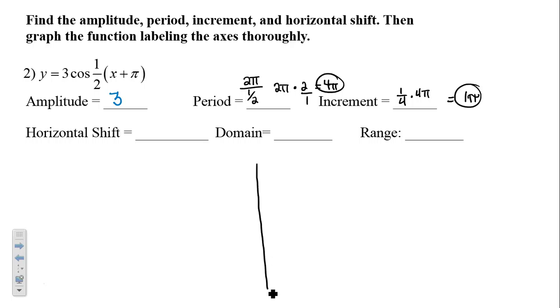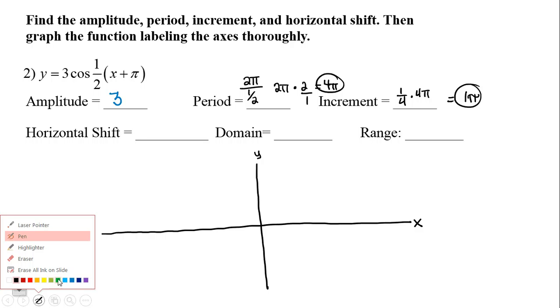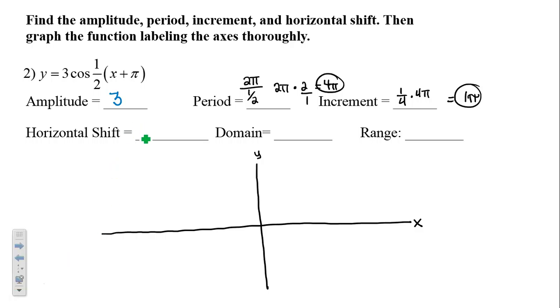Okay, I'm going to go ahead and draw our x and y axes. Okay, our horizontal shift is going to be left pi, opposite of positive, so left pi. So when we do our increments here, I'm going to shift it left pi, that's negative pi.